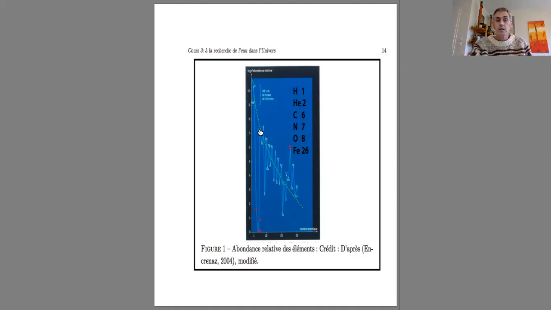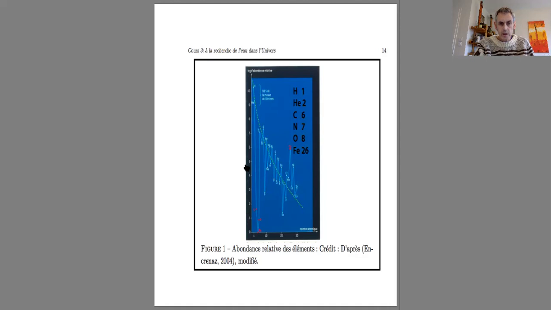But since we've learned a little bit of astrophysics, it's nice to use that to try and understand this figure a little bit more. As I've already mentioned, hydrogen was formed in the Big Bang, so its abundance is the highest here, and in fact, it was by far the largest element produced during the Big Bang.